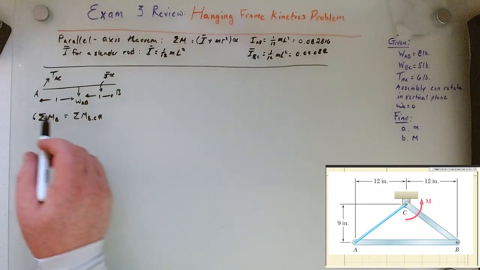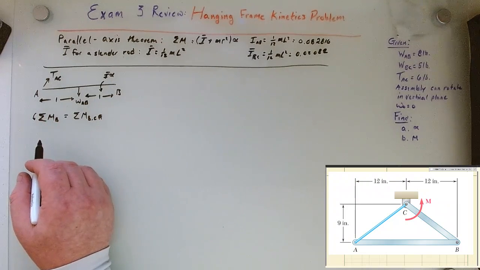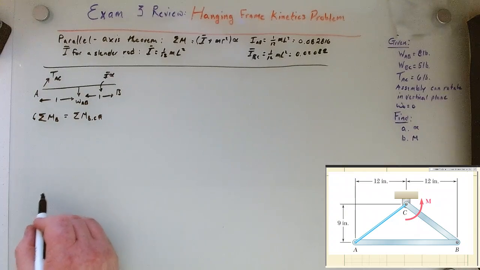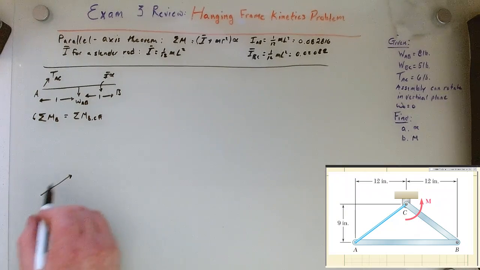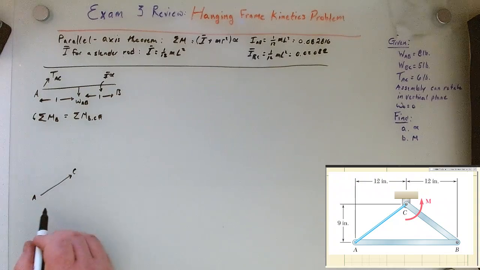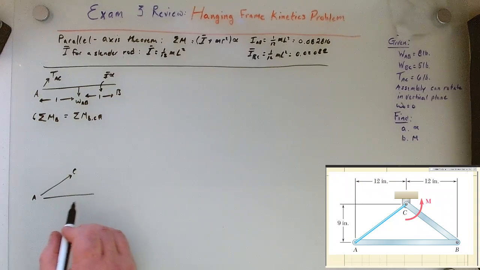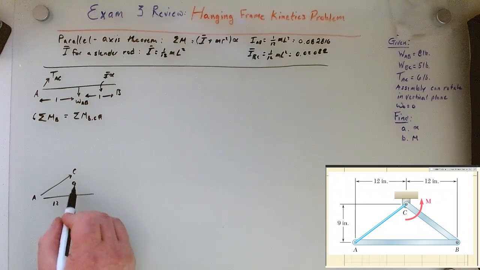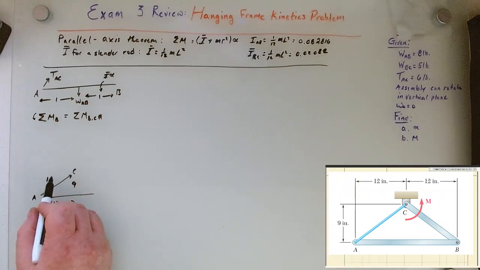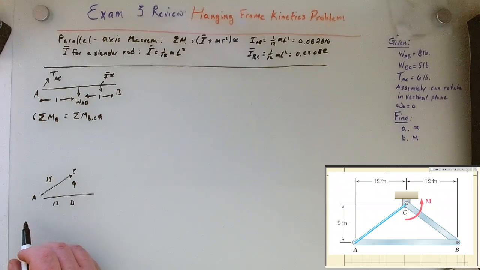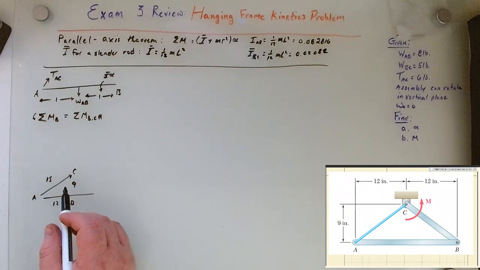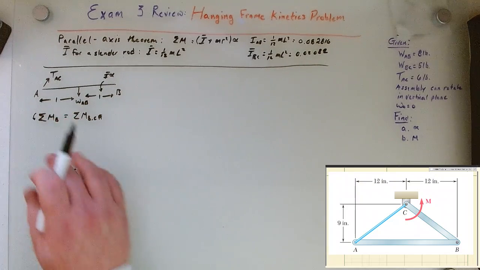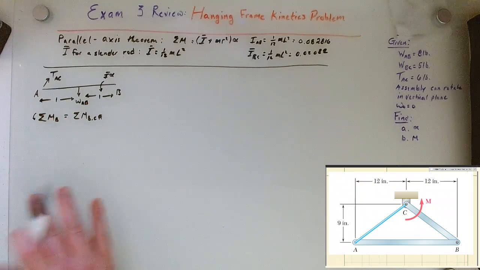All right, so TAC, so that's a 3, 4, 5 triangle, right? So we've got, this is A, C, and then B, so this is 12, and this is 9, so 3, 4, 5, so this is 15, right? So that means that the vertical component that we need is 3/5 of TAC.